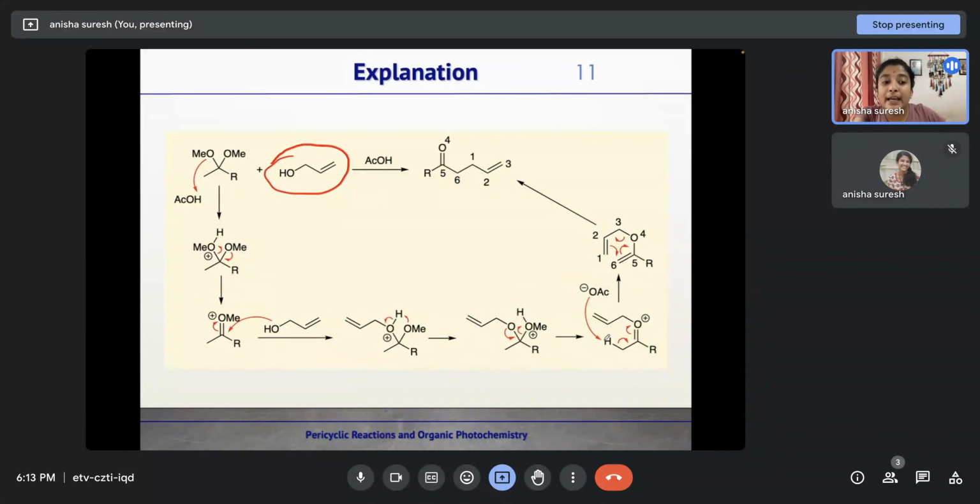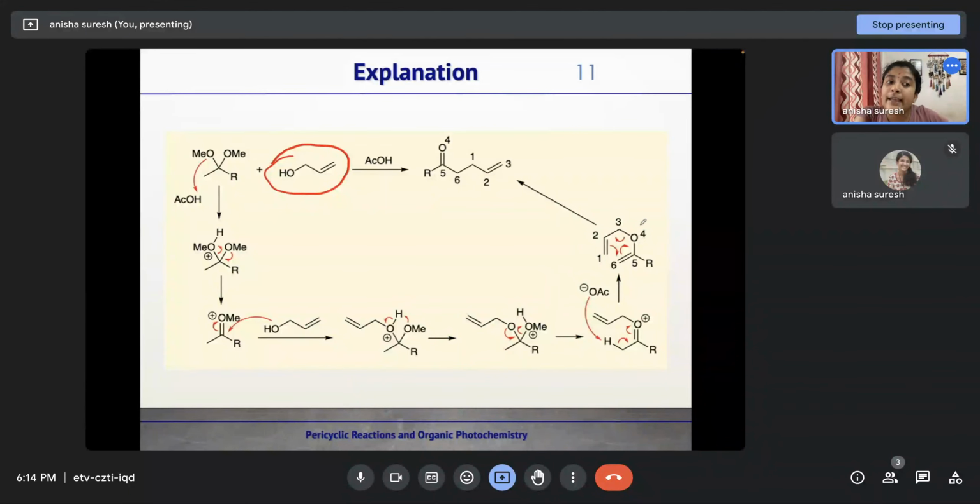It will abstract the proton. This will be an acidic proton. So here a double bond formation will take place, and the positive charge on this oxygen will be neutralized. So we have got an allyl vinyl ether. This is the intermediate that was discussed in the question.